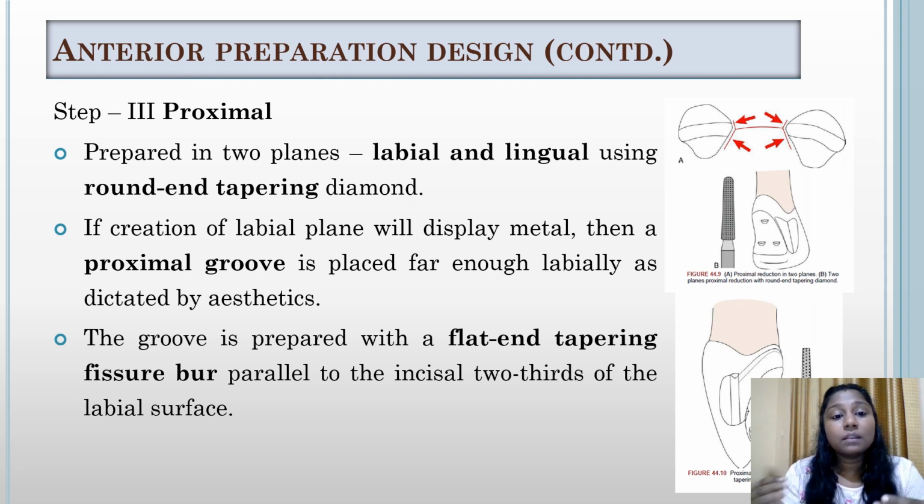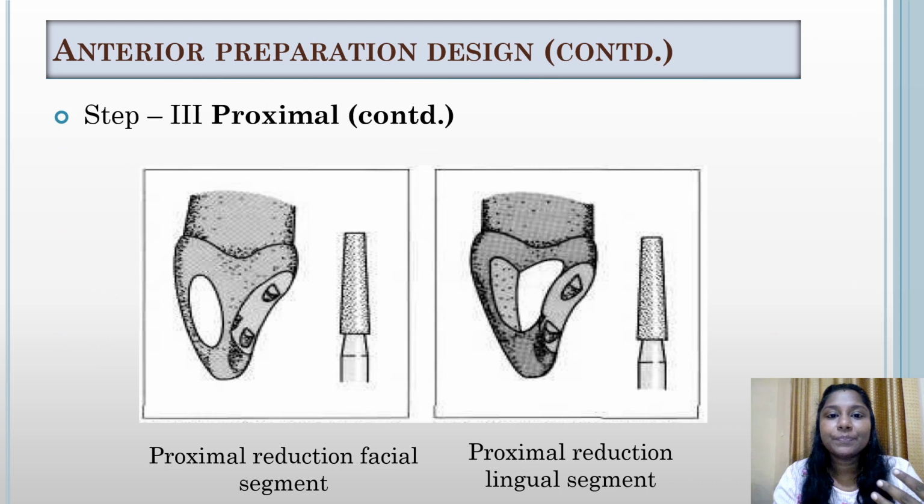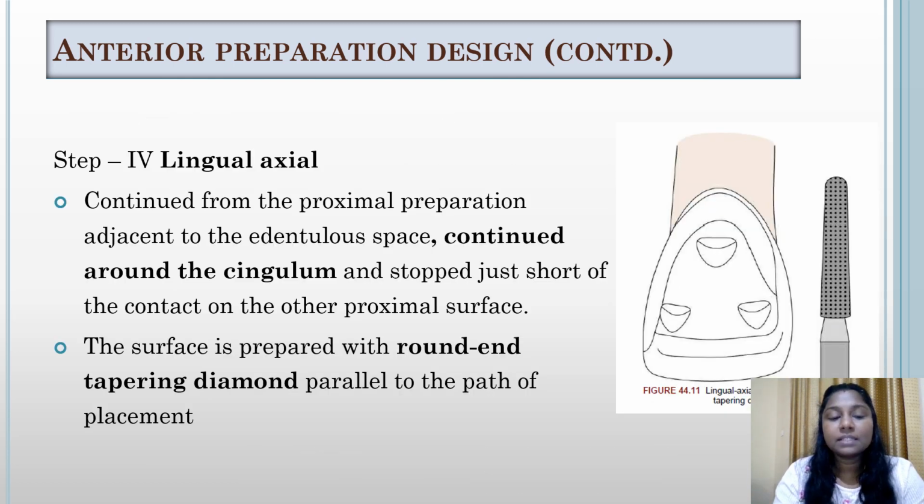The third step is the proximal preparation, and this is prepared in 2 planes. As I said before, it's dictated by aesthetics. Labially and lingually, we use a rounded tapering diamond bur, and the groove is prepared with a flattened tapering fissure bur that is parallel to the incisal two-thirds of the labial surface. Finally, the proximal surface is extended facially as well as onto the palatal surface.